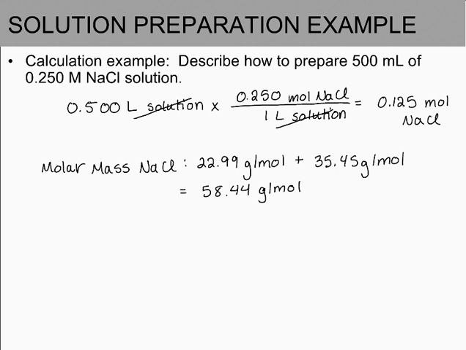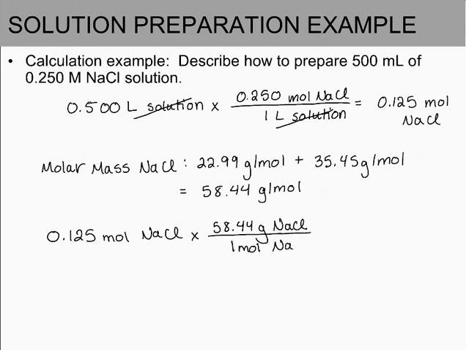Now we can use that ratio or that equality to figure out how many grams of sodium chloride we need to make this solution. We'll start with the moles that we calculated. And again, we want to end up with grams of sodium chloride, so let's put the grams in the numerator and 1 mole in the denominator.